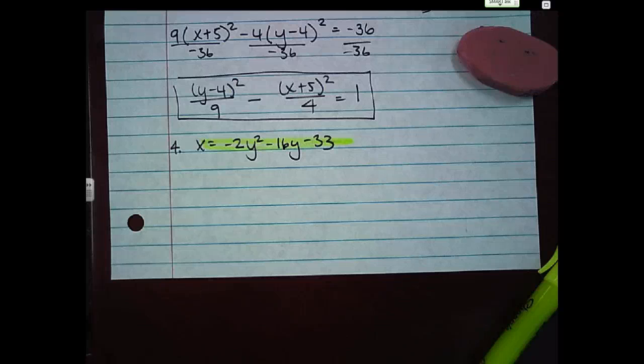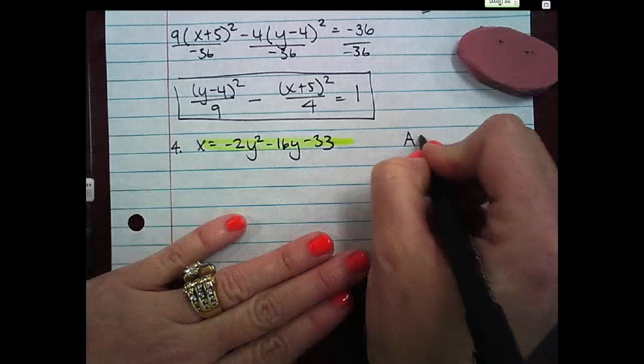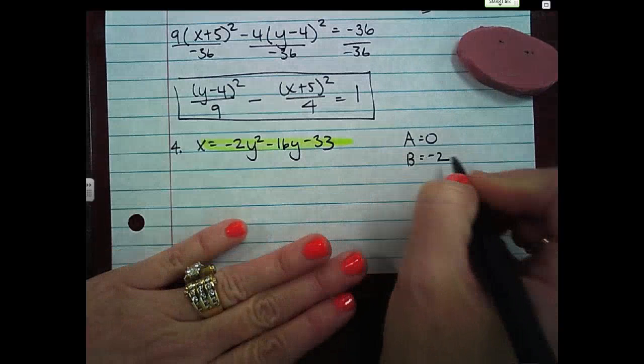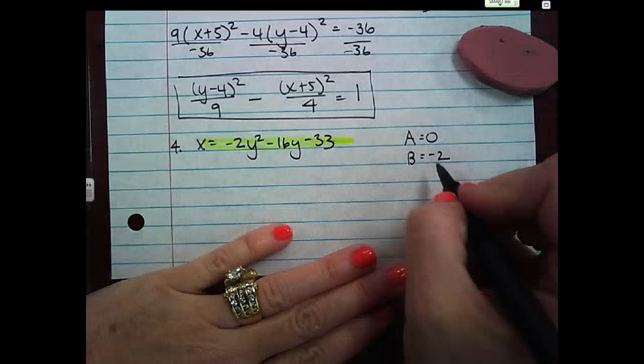A what? A parabola. The other thing that you'll notice, remember, is there an x squared at all? No, so what's a? Right, so a in this case is 0. And b is negative 2. And remember, in the rules I gave you in the beginning, if there is no x squared or y squared, in other words, if 0 belongs to a or b, then it's the shape of a parabola.